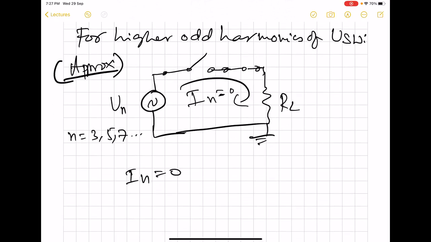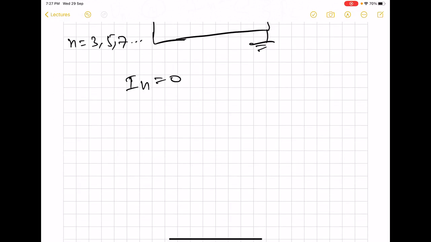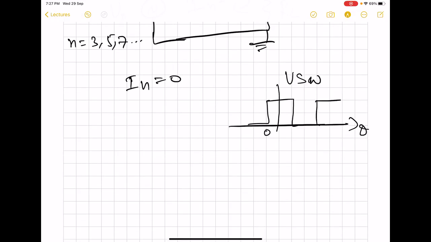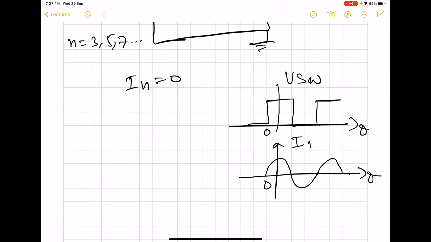That means now the load is going to experience, this is the switch voltage, and the load now we know is going to experience a pure sinusoid signal like this, right?